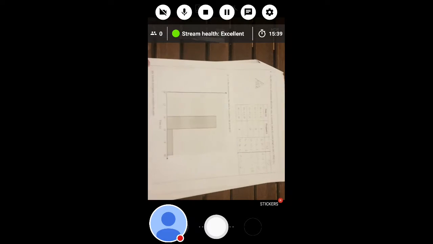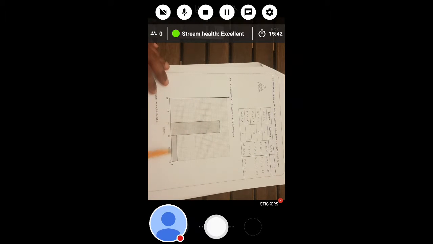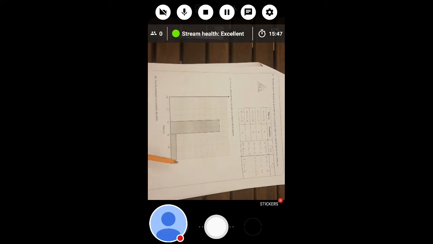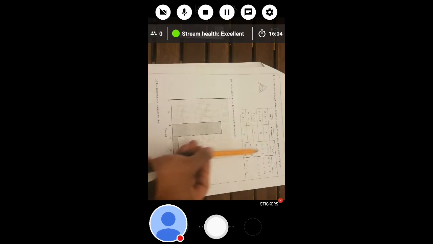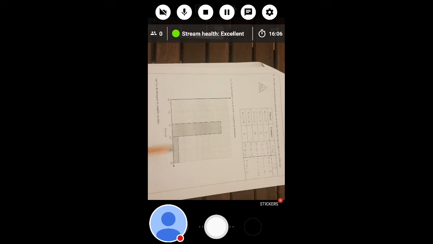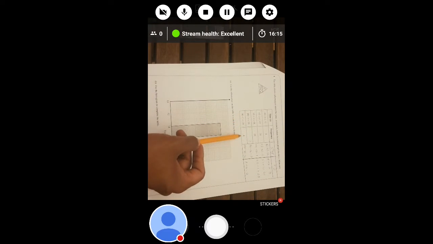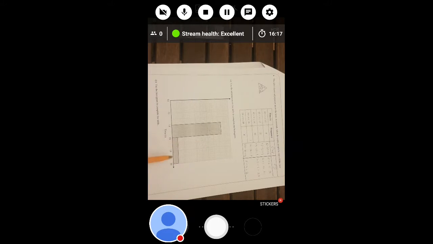Now the frequency is represented by the area of these rectangles, or these bars. So in order to find out what scale they have used, we have to find a bar where we have the information on the table as well as the bar over here. If you look from 16 to 20, we have the frequency, we have the class width, and that information has already been drawn for us.